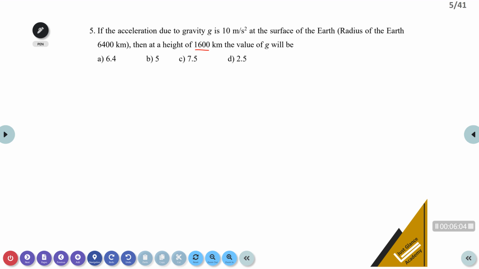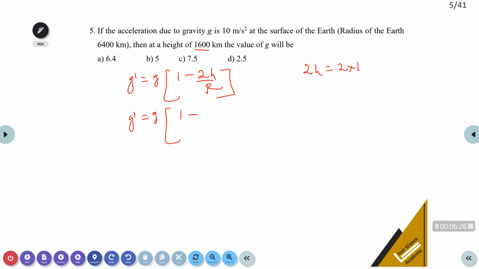With respect to height, g dash equals g into bracket 1 minus 2h divided by R. Substitute this. g dash equals g into bracket 1 minus 2 into 1600, which is 3200, divided by 6400.